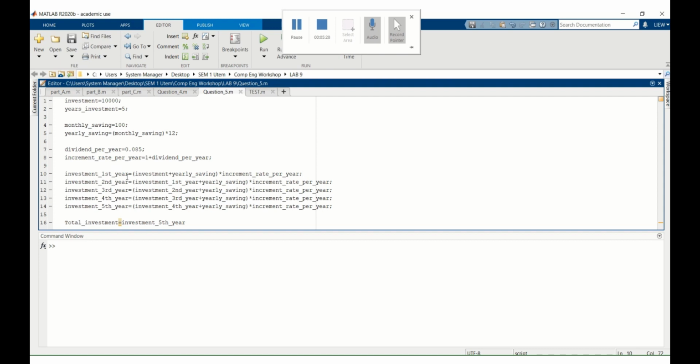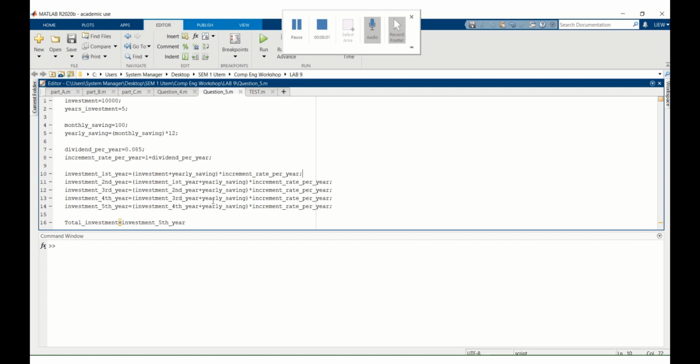So for the second year, it keeps using the previous year and adds the yearly saving, which is 1,200, and then we multiply by the rate again, and then we get a new value for the second year. Then for the third year we keep adding to the previous investment money, until 2020, which is the fifth year.